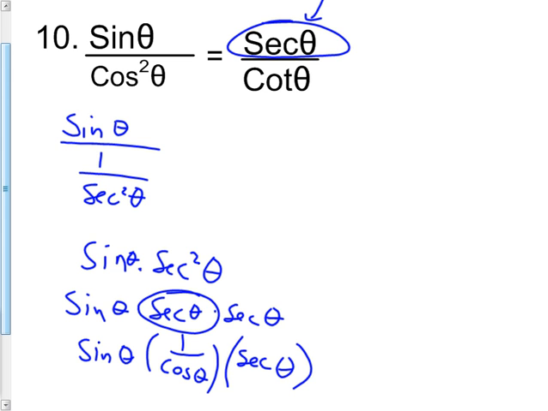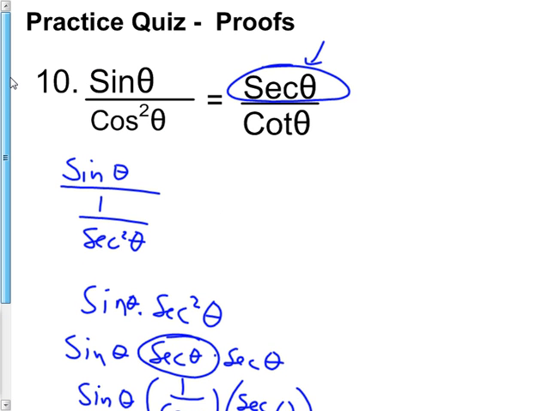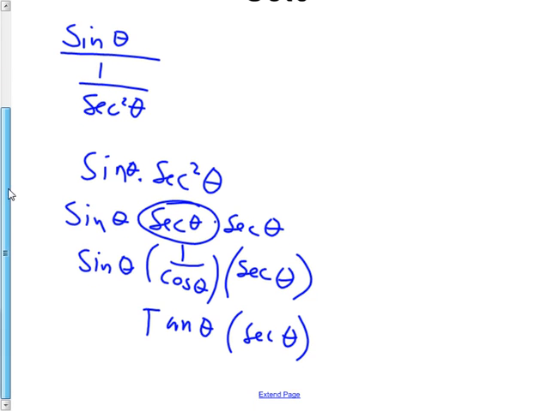Then sine times cosine, sine over cosine is what? Tangent. Tangent times secant. Oh, I'm so close. Secant over cotangent. All I have to do is fix that tangent. What's tangent? 1 over cotangent.